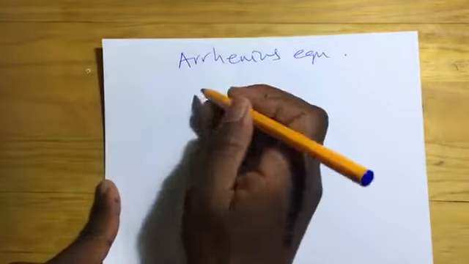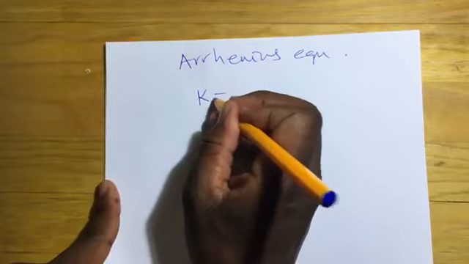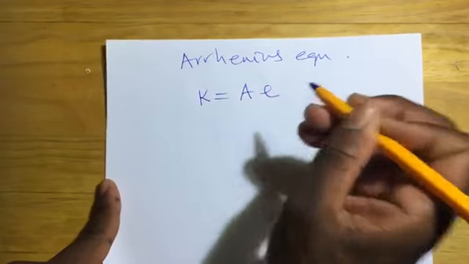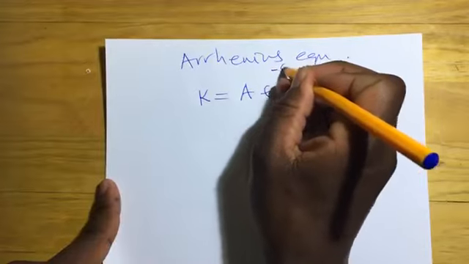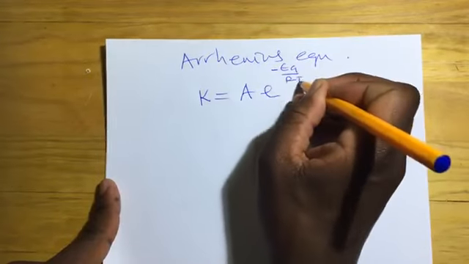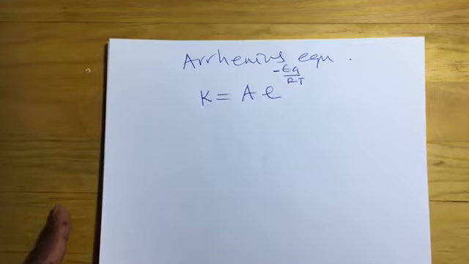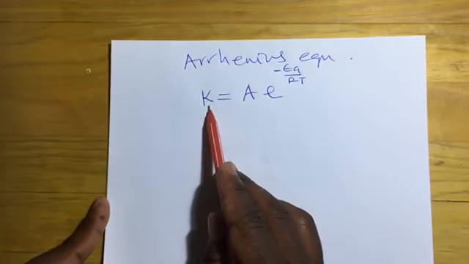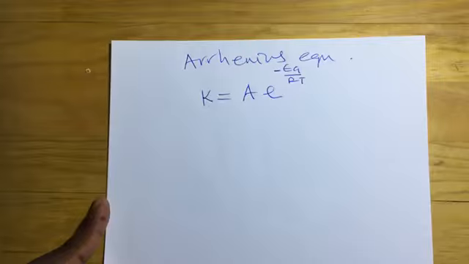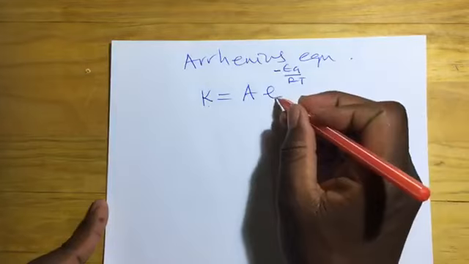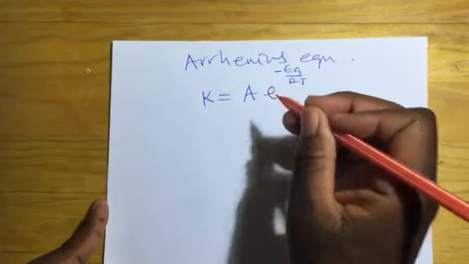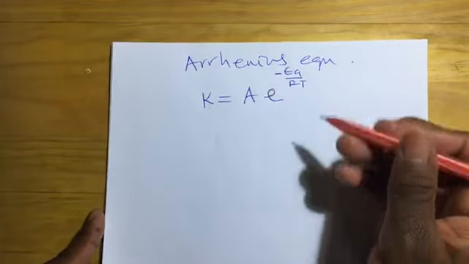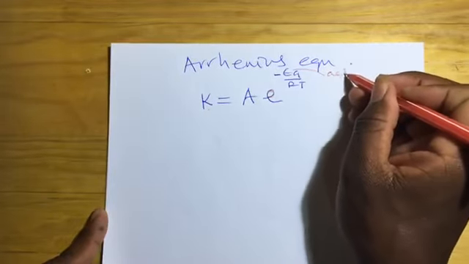So the Arrhenius equation is going to be K is equal to A e to the power negative Ea over RT. All right, okay. K is the same rate constant that we are talking about. You get? e is the base that we use for logarithms.